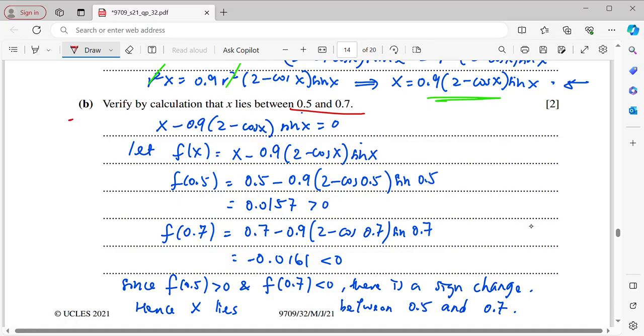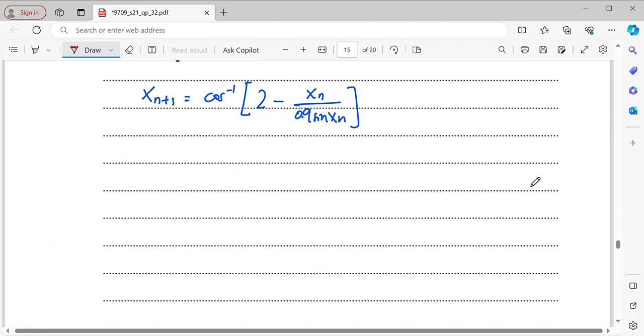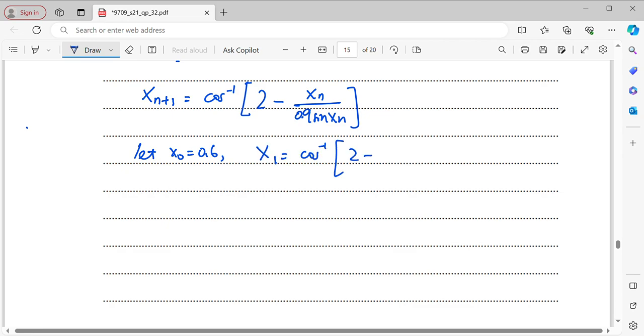So you can let x not be 0.5 or 0.7 or the middle value, which is 0.6. So I will use 0.6. So now let x not be 0.6. That means I will be getting x1, which is inverse cos of (2 minus 0.6) over 0.9 sine 0.6. Then this is going to be 0.6106. Remember to use radians mode in this calculation.